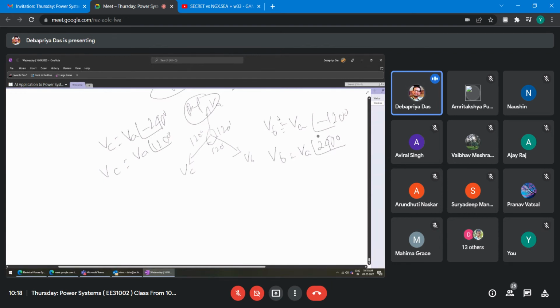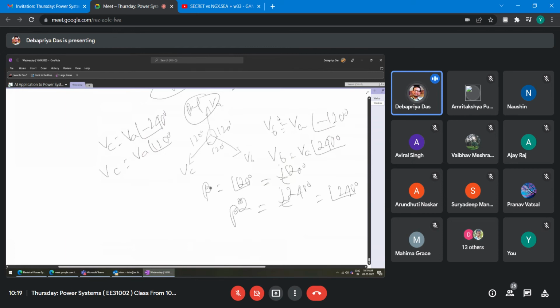Now if you define beta equal to angle 120 degrees, that is e to the power j120 degrees, that means beta square is e to the power j240 degrees, that is angle 240 degrees.